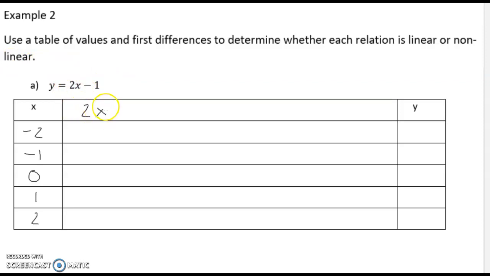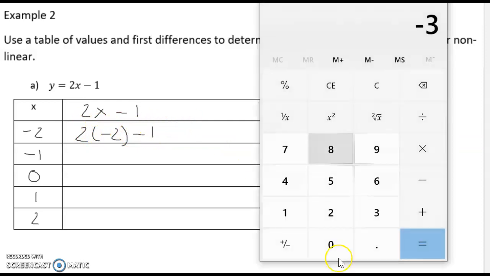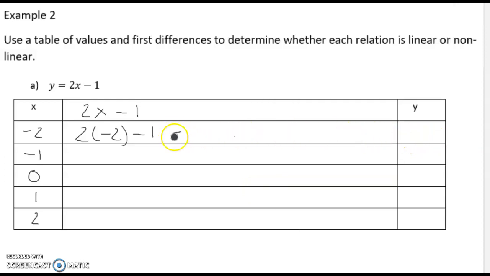So 2x minus 1. So wherever we have our x, we're going to sub in whatever we have for that line. So the first one is going to be 2 times -2, and then subtract 1. So in your calculator, 2 times -2 equals -4. Take away another 1, you end up with -5.